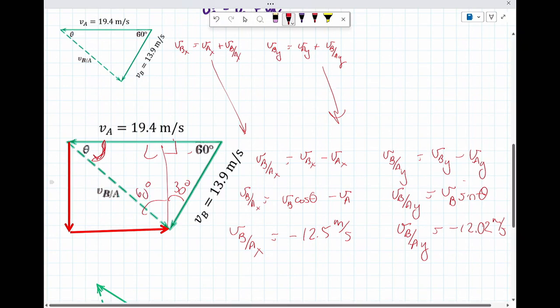Yeah, that should be 60. This is equal to 30. Never do trig in your head.